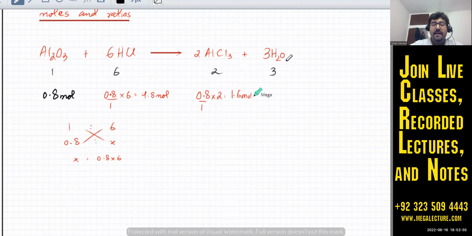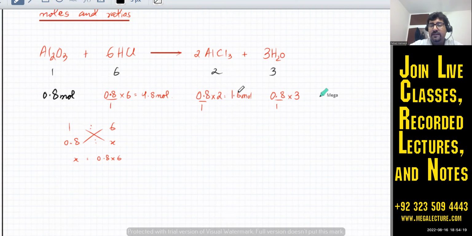And if I want to find this one, I can again use 0.8 divided by 1 times 3. I could have even used these moles. I could have taken 1.6 divided by 2 into 3. That would give me exactly the same thing. I told you that you could compare any two ratios.